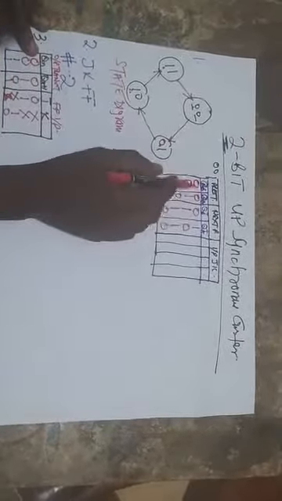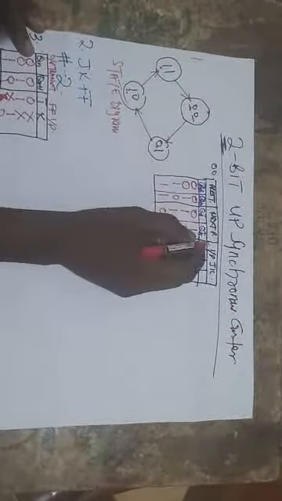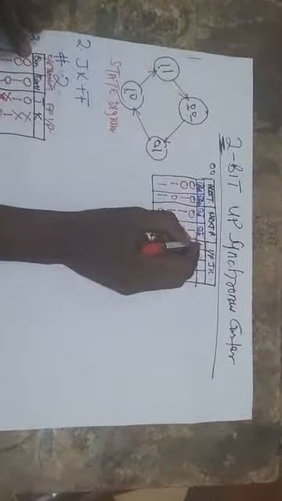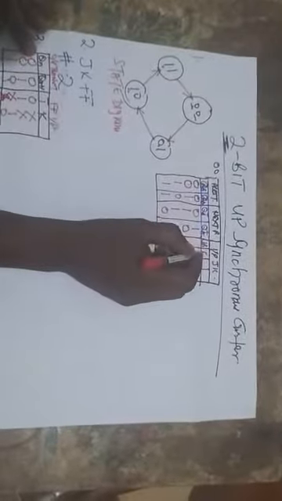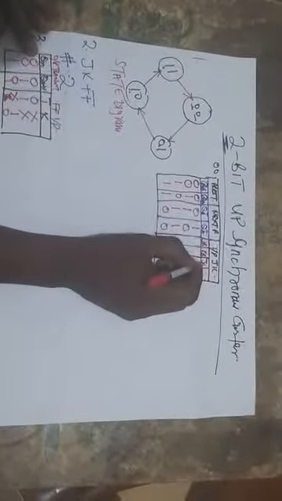Now, here I have B and A. So I'm going to get JB and KB, and then JA and KA for my input.